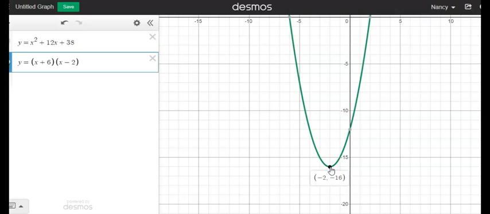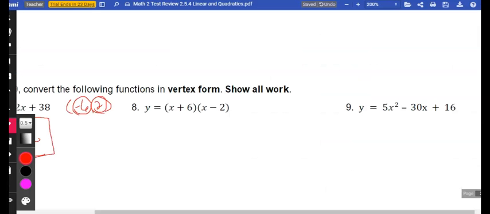Vertex is at -2, -16. -2, -16, and y equals x plus 2, opposite, remember, and then minus 16. That's it.